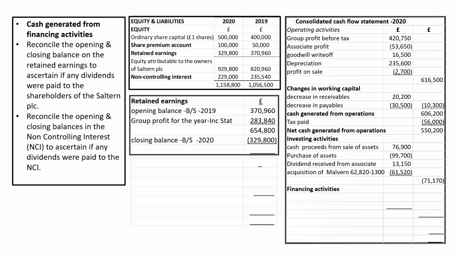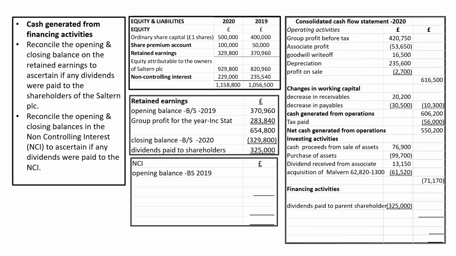So there is a difference, and this difference can be attributable to the dividends paid to the parent shareholders, which is £325,000. We can now insert this figure in the financing activities in the consolidated cash flow statement, and once we've done that, we can then go on to reconcile the opening and closing balance in the non-controlling interest.